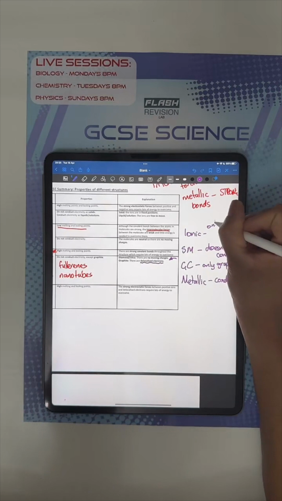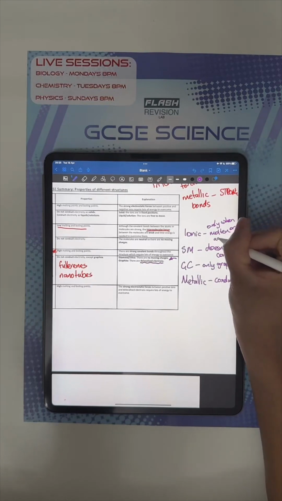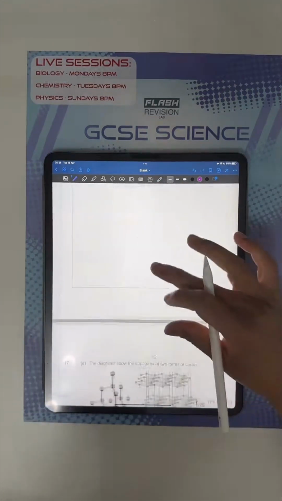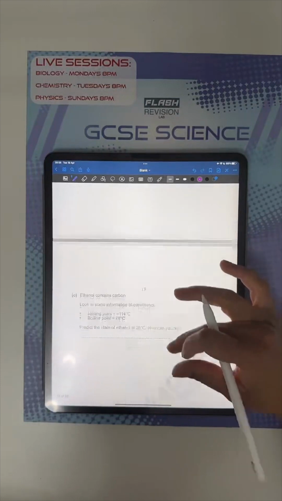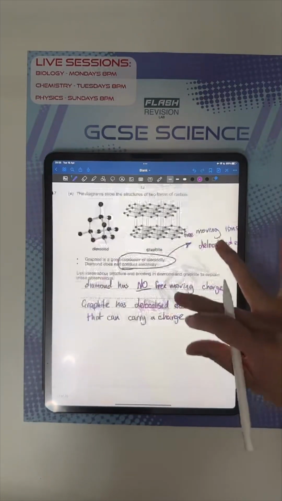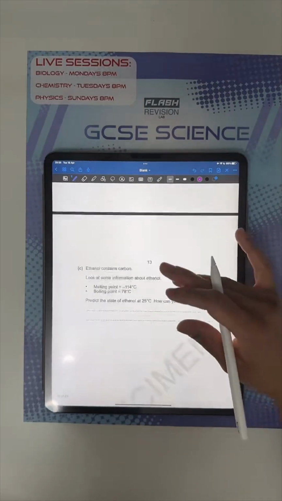So only when molten or aqueous. Okay, we'll come back to that later. So we've added that on now.